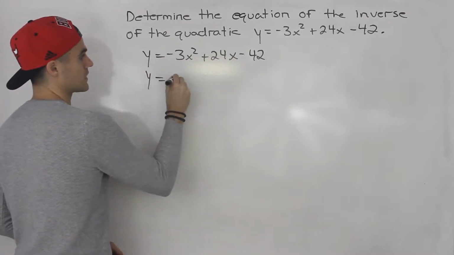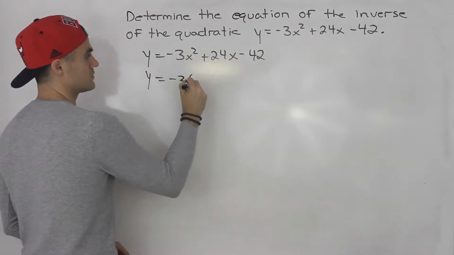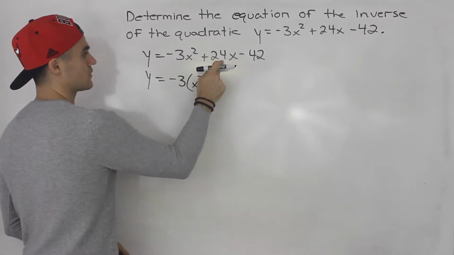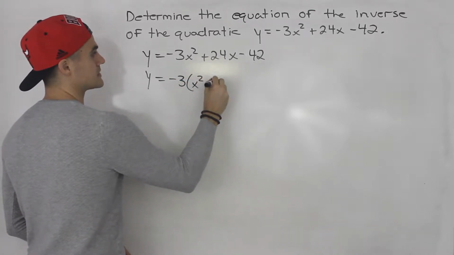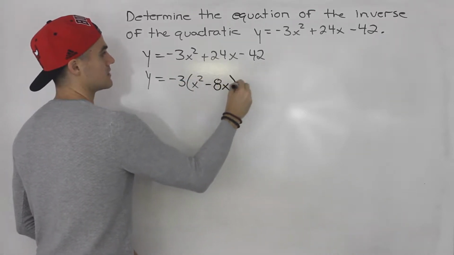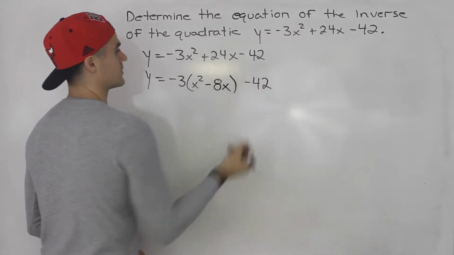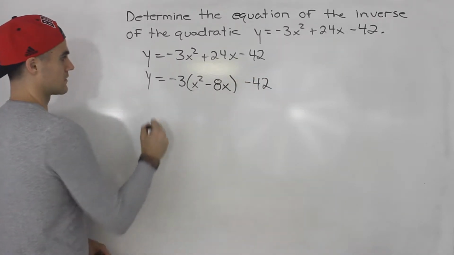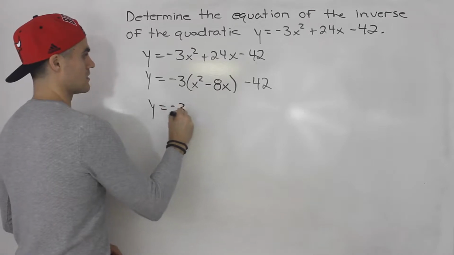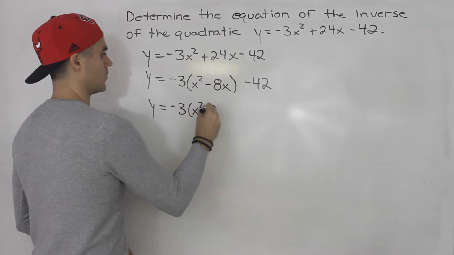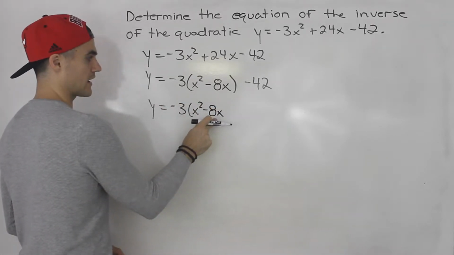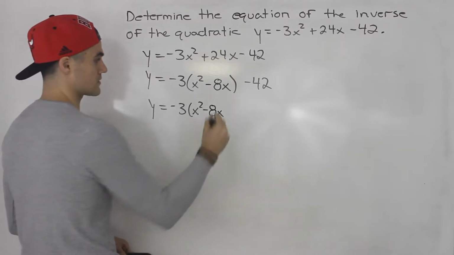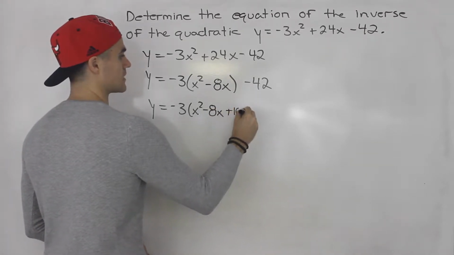So basically we could take out a negative 3 from the first two, so we'd have x squared. 24x divided by negative 3 is minus 8x, and the minus 42 we'd keep outside. Right, so here we take half of negative 8, which is negative 4, and then square it. So this would be plus 16 minus 16.